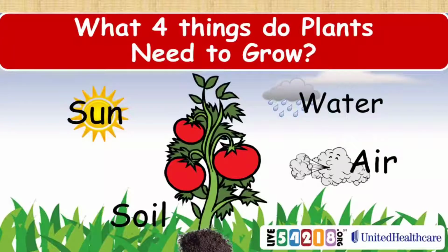Boys, do you remember what 4 things plants need to grow? Yes, they need soil, water, sunlight and air for their growth. All human beings and animals cannot live without plants.